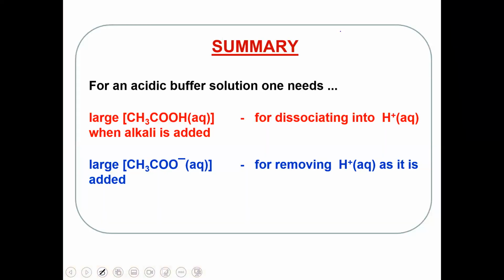Now we have a summary. For an acidic buffer solution, one needs a large concentration of acetic acid and a large concentration of CH3COO minus.